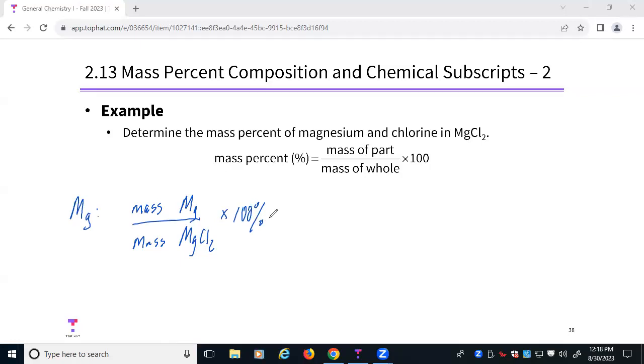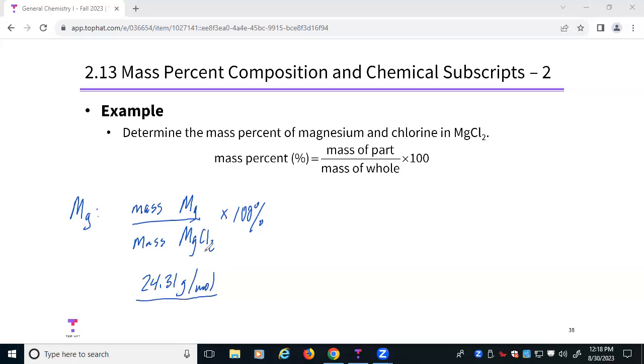Now, to solve this problem, I'm going to need to do a little bit of calculating. I need to know the mass of the magnesium, and I need to know the mass of the magnesium chloride. Well, the mass of magnesium, I only have one magnesium atom here. So molar mass of magnesium from the periodic table is 24.31 grams per mole.